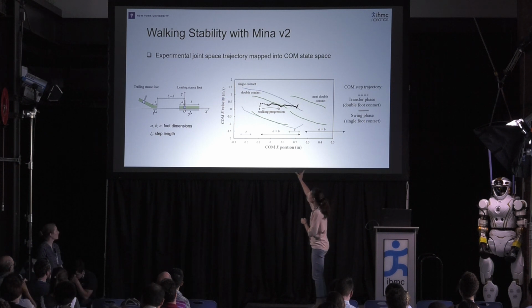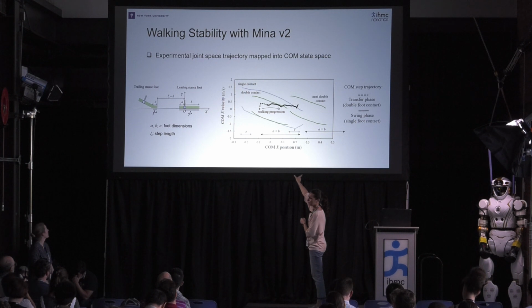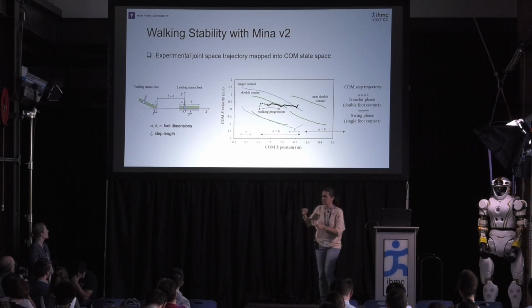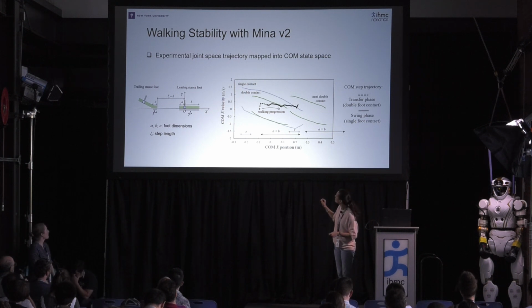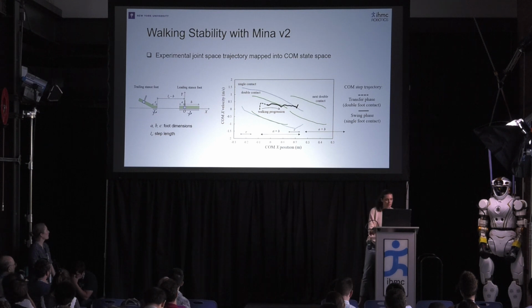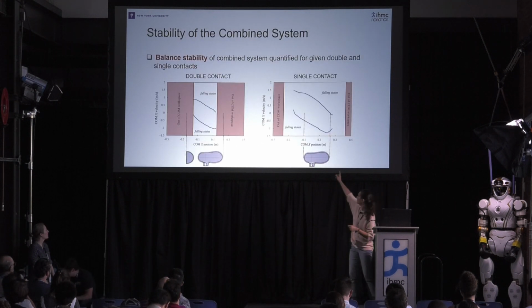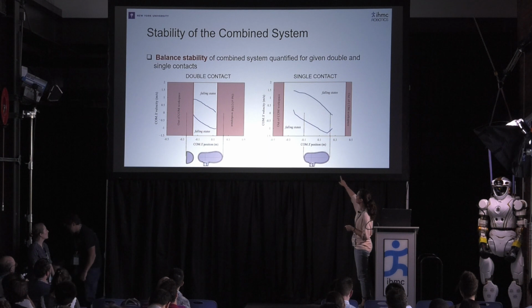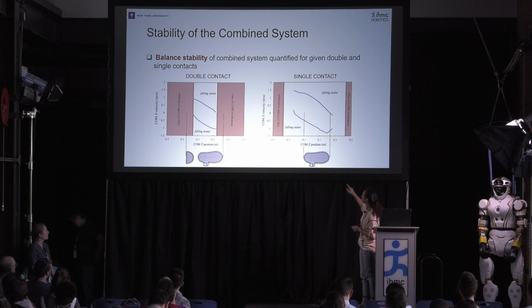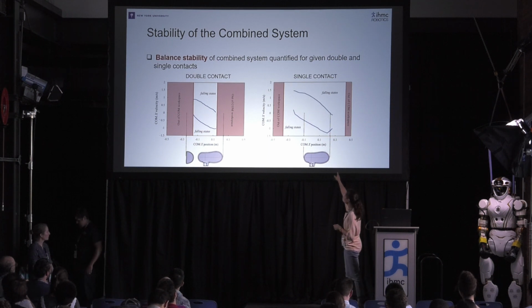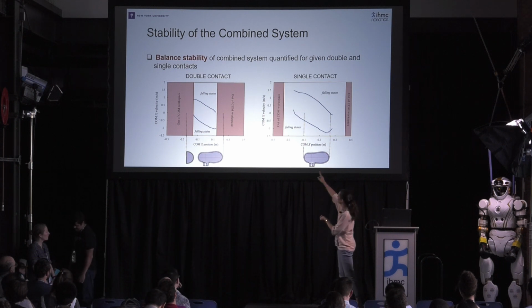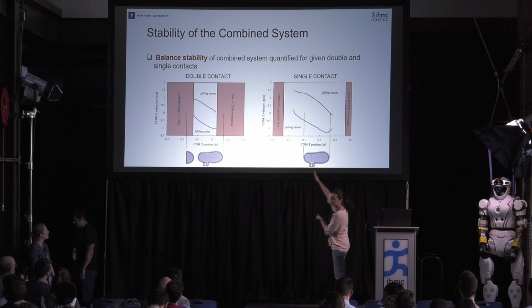Yeah, but the single foot size is A plus B here. And the stability boundary seems like it goes to the edge of the foot plus 1 centimeter? Yeah, actually in this slide it's better. Single contact. So how far outside this does it go? 1 centimeter or something like that? Yeah, in terms of position, for this specific model, of course, it depends on the model, you can go outside of the base of support by 1 centimeter, 1.2.